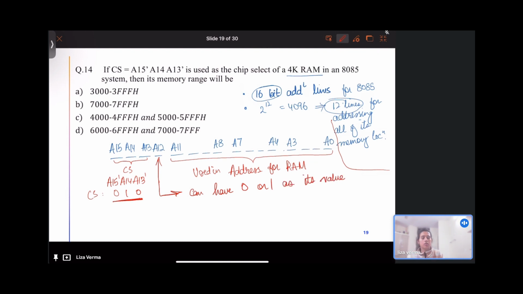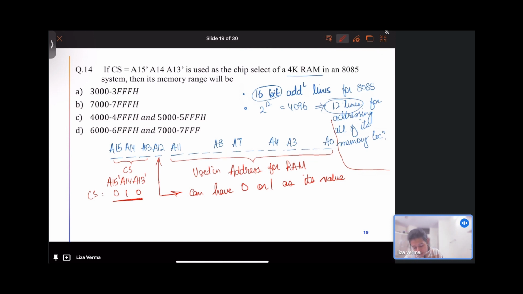There is no restriction on the A12 address line, which means it can have 0 as well as 1. So what will be the address range, what will be the memory range of this 4K RAM? That's the question.